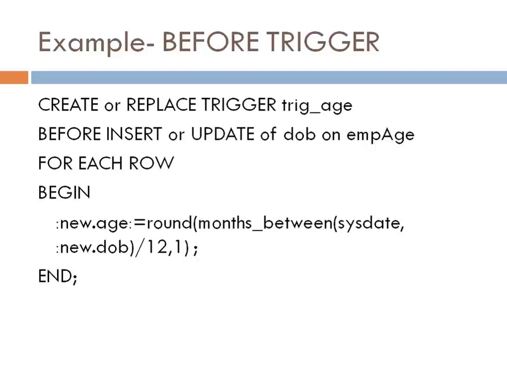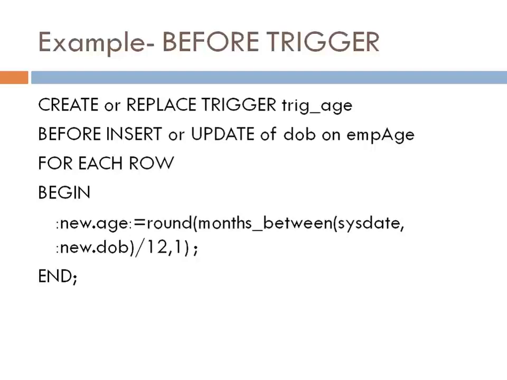I am using the bind variable: colon new dot age is equal to months between sysdate comma colon new dot date of birth. So colon new is a bind variable, and it will contain the date of birth. Using the date of birth and sysdate, the months between is calculated, divided by 12, and the whole value that we get is rounded off at 1 decimal place and stored into the age column.